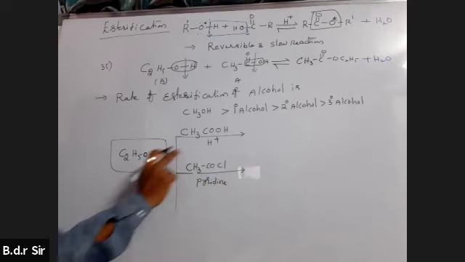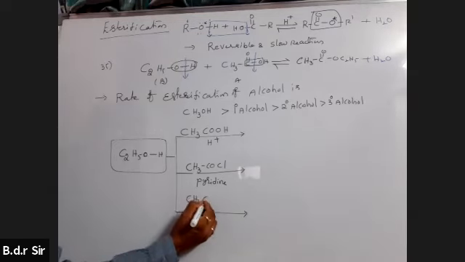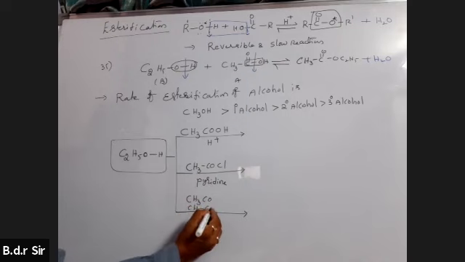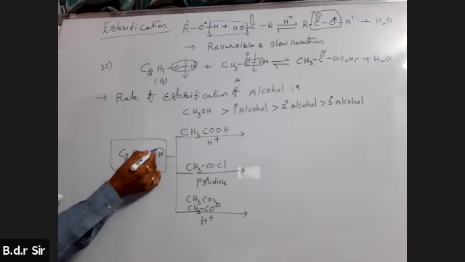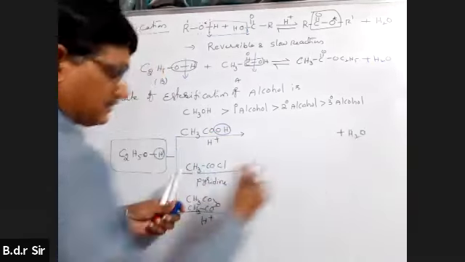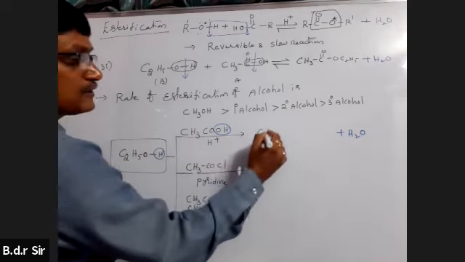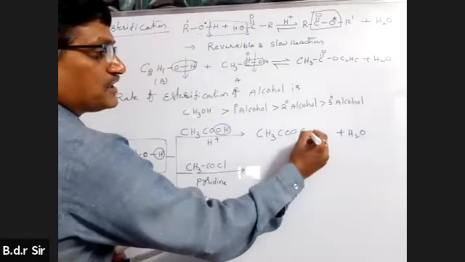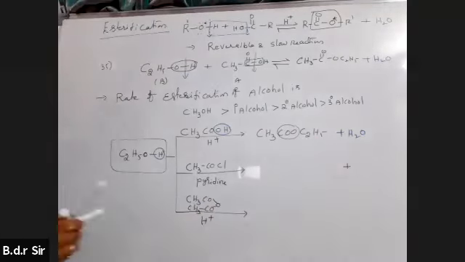Third one, acid derivative is anhydrides, CH3CO both added to oxygen. This is an example of anhydride in the presence of acidic medium. What are the possible products? Here hydrogen and OH group converted into water. What is the remaining? CH3COOC2H5. Ester is formed.